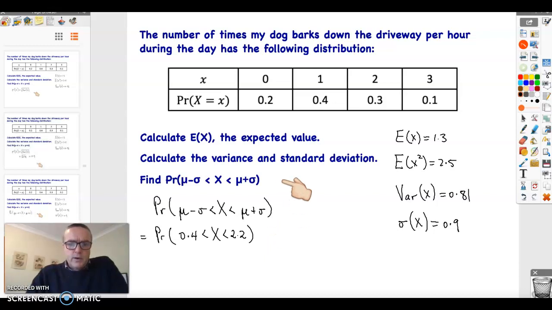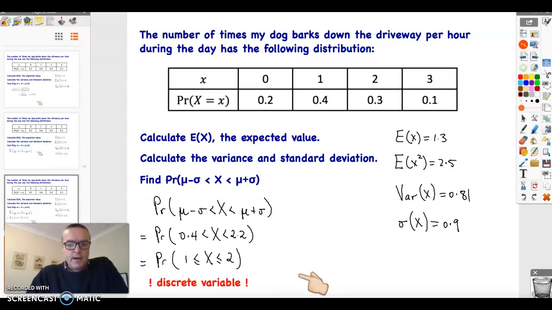When you look at our distribution, remember that it's discrete, so we don't have 0.4 or 2.2 in our table, because the number of times that my dog barks, it's a discrete value. It can only take on those particular values, those particular quantities.